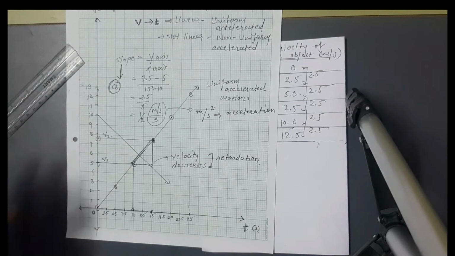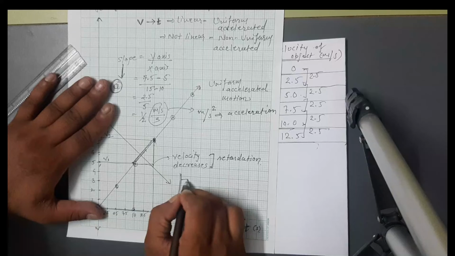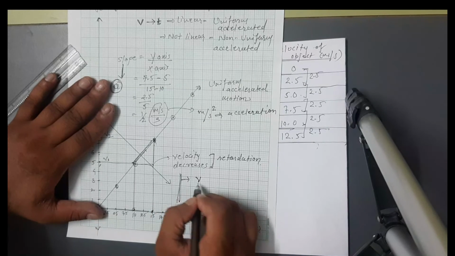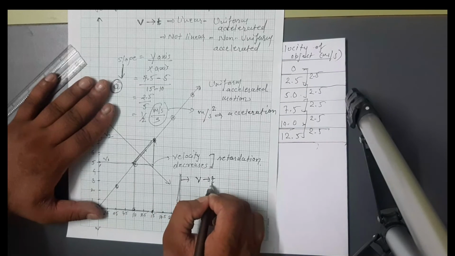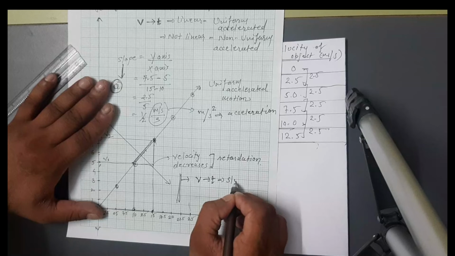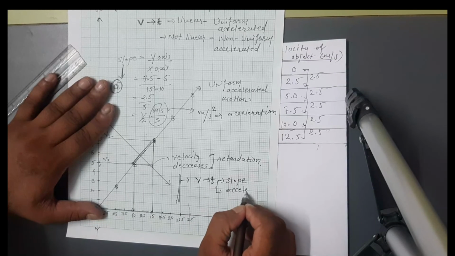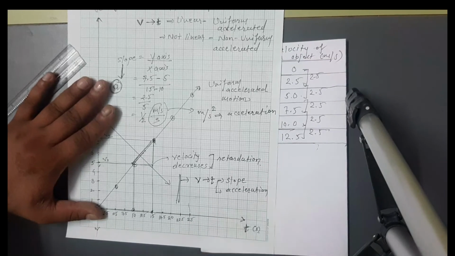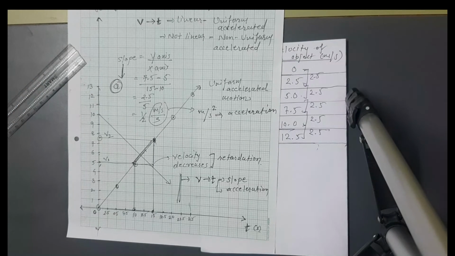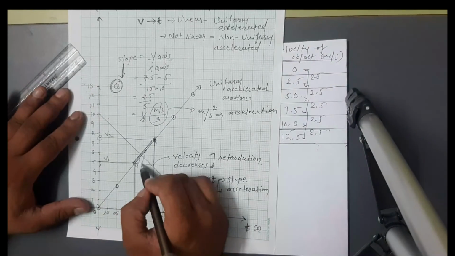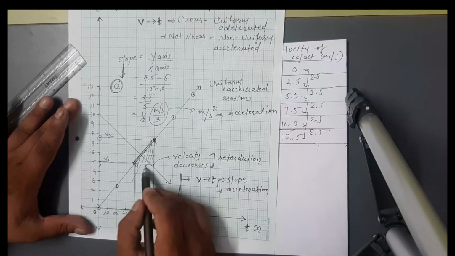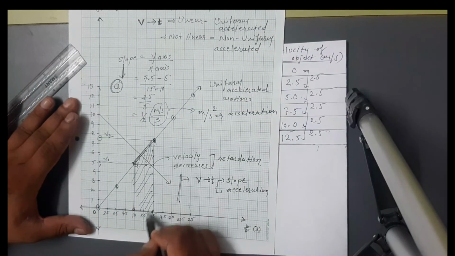So this is also most important to note down, that in a graph of velocity against time, the value of slope gives us acceleration.